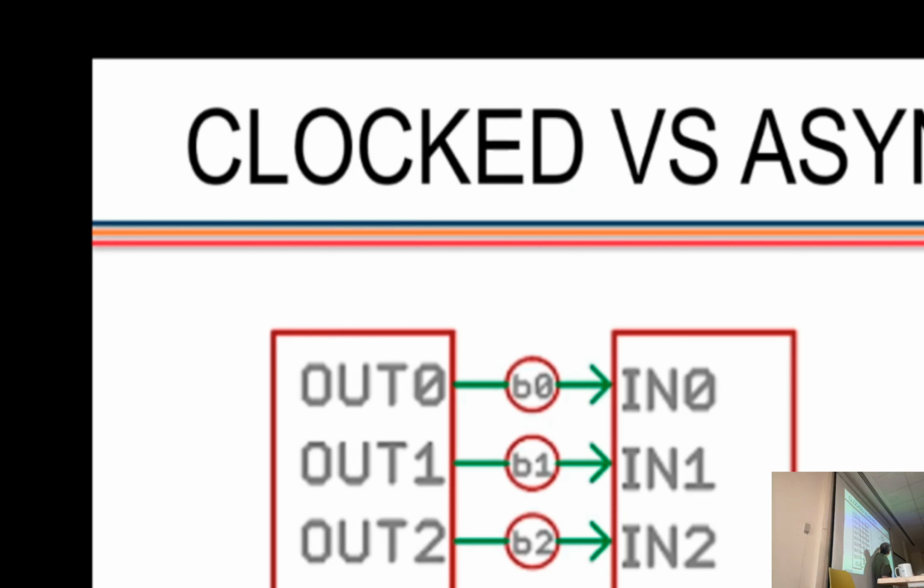Put data, please take, got it, full handshaking. Without handshaking, you may have a clock. If you share the clock, same powerful guys, same music is playing, then it can work. But if you don't send clock, you need to handshake.